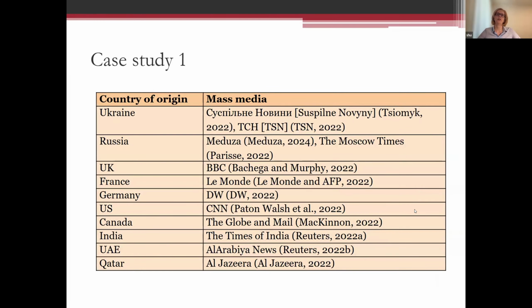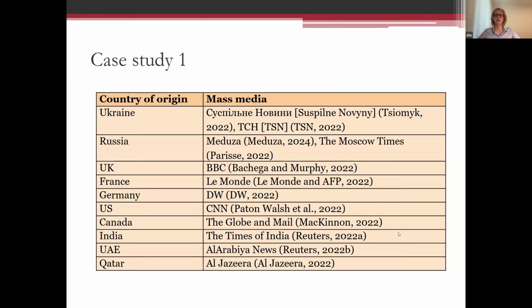I looked at 16 articles which appeared across the world to report on this tragedy. The articles selected came from Ukraine, Russia, UK, France, Germany, US, Canada, India, UAE, and Qatar. The languages of the articles were Ukrainian, Russian, and English.